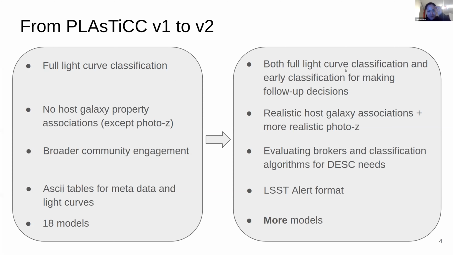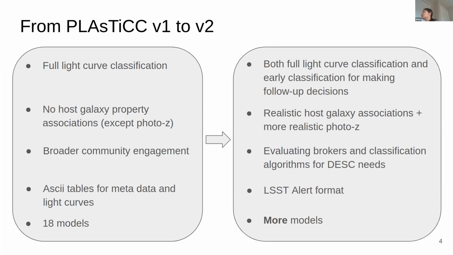For V1, we don't have any associations with the host galaxy, except that we have a photo-z model assigned to each object. But for V2, we want to utilize more realistic host galaxy associations and more realistic photo-z. V1 was aimed at broader community engagement.